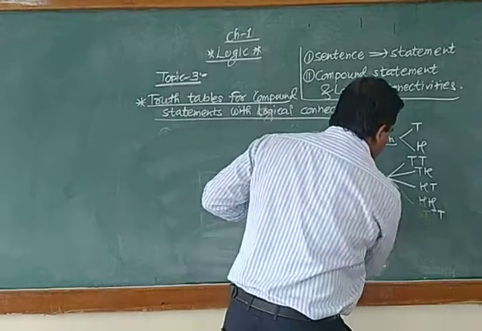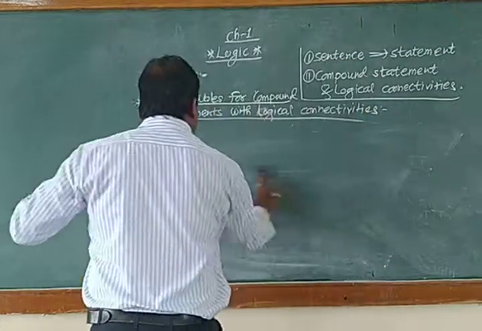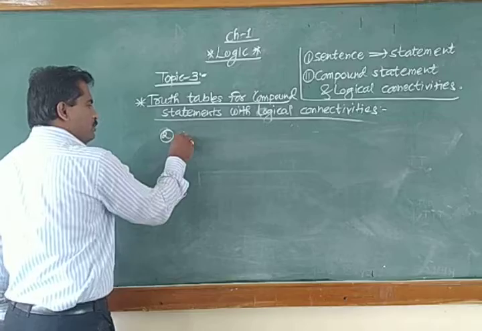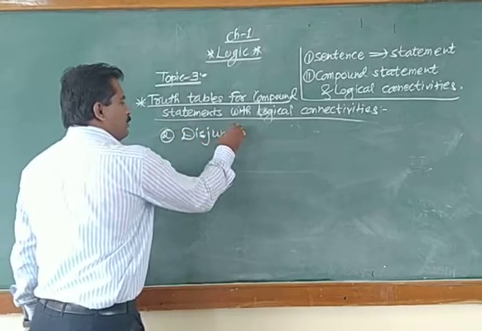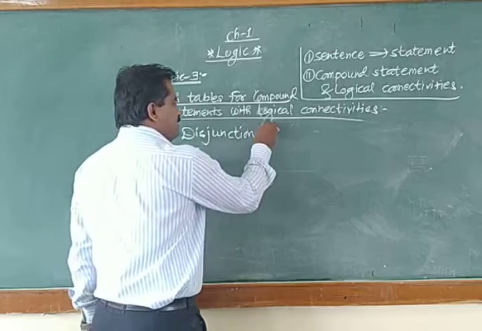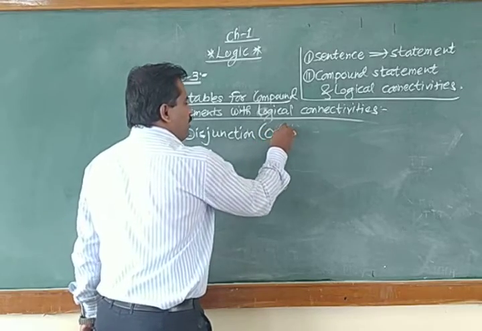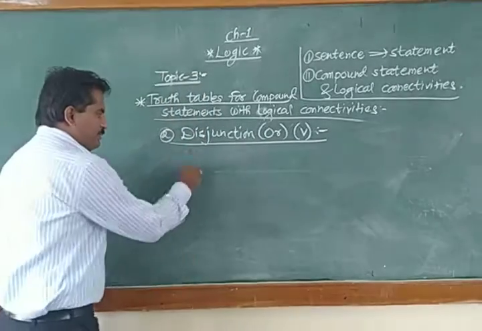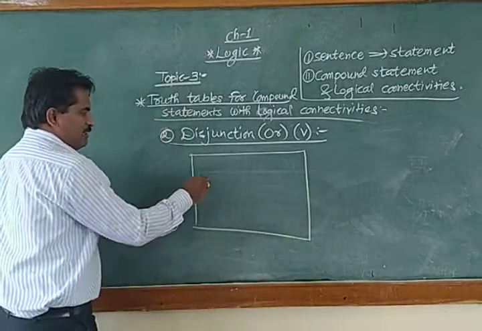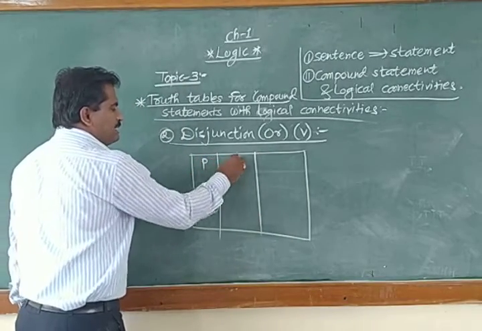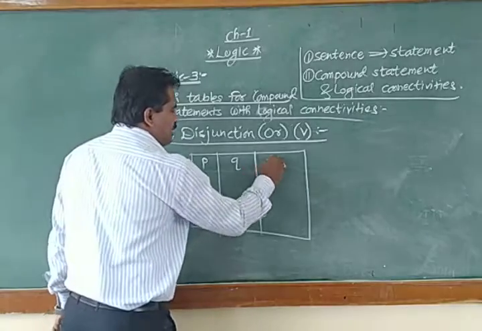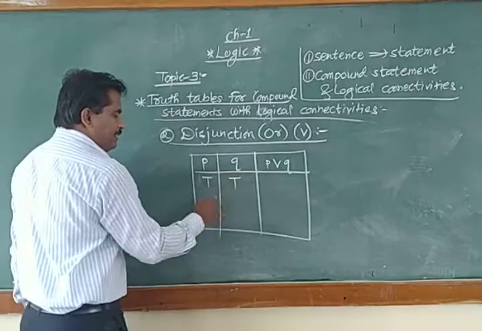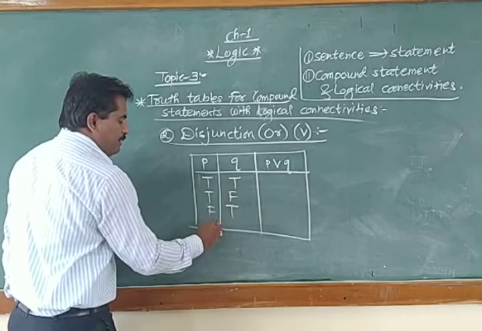In a similar manner, we discuss disjunction. It is 'or' and its symbol is V. In a similar manner, the first statement is P, the second statement is Q, and the compound statement is P or Q. Possibilities are the same: TT, TF, FT, FF.